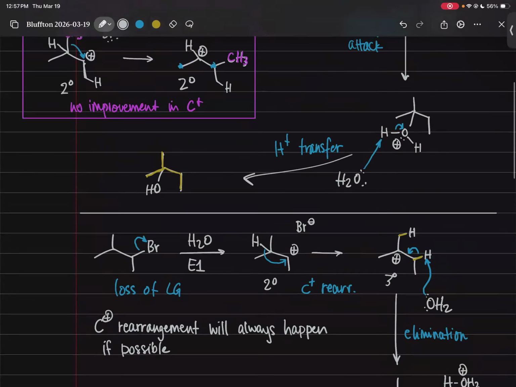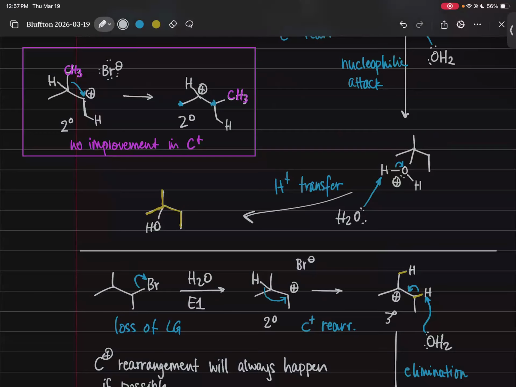For example, this pink example, you might say, shouldn't we expect half of it to be one way and half the other way? It turns out these two molecules are identical to each other, but that may not be the case. For purposes of this class, if our rearrangement goes from secondary to secondary, we're going to say that it doesn't happen at all.